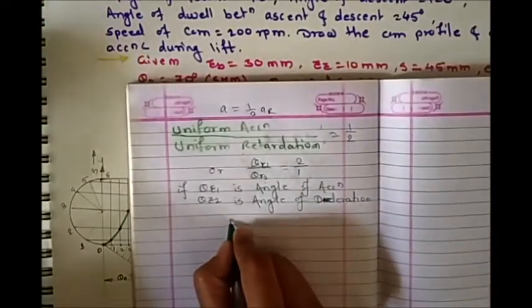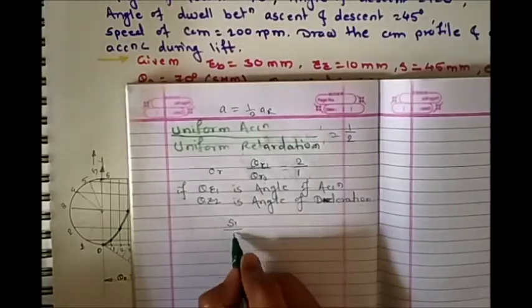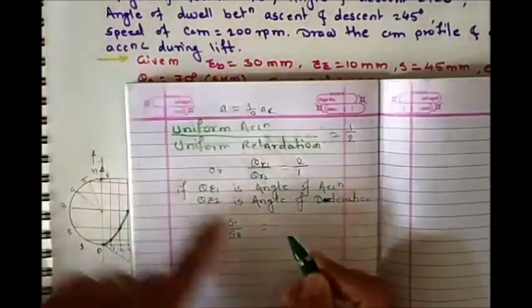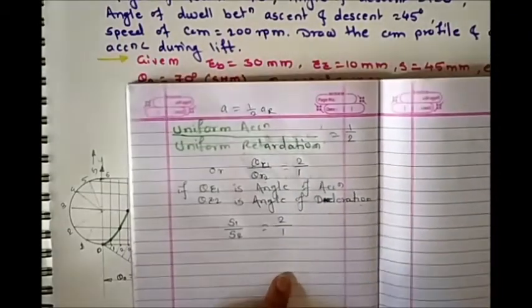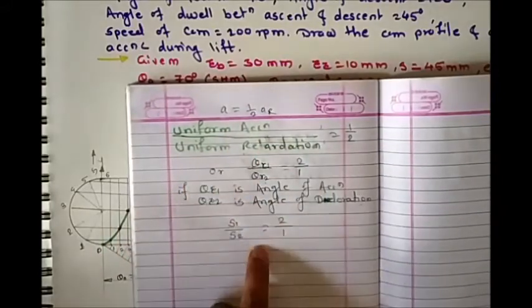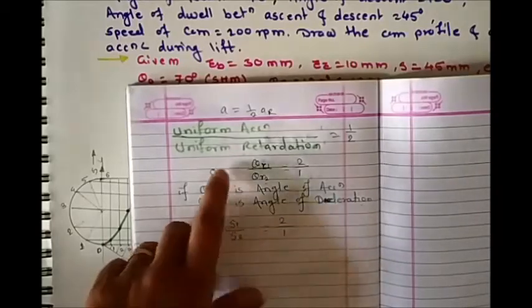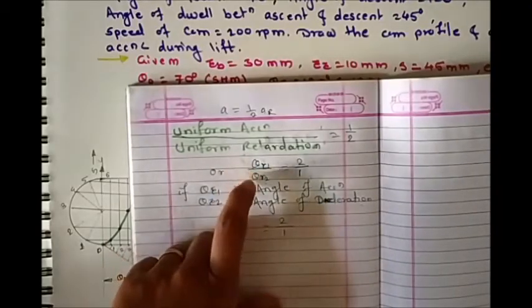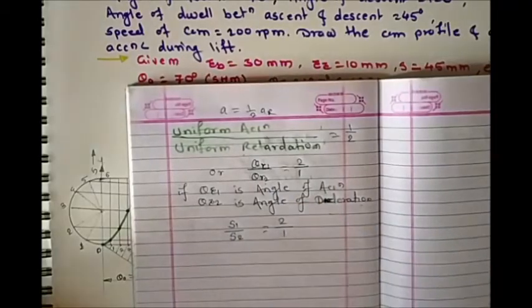Similarly, for s1, the stroke length during the acceleration, and the stroke length during the retardation, it is also 2/1. So as acceleration is 1/2 of the retardation, s1 upon s2 is 2:1, and also the return stroke angle theta r1 divided by theta r2 is equal to 2:1.